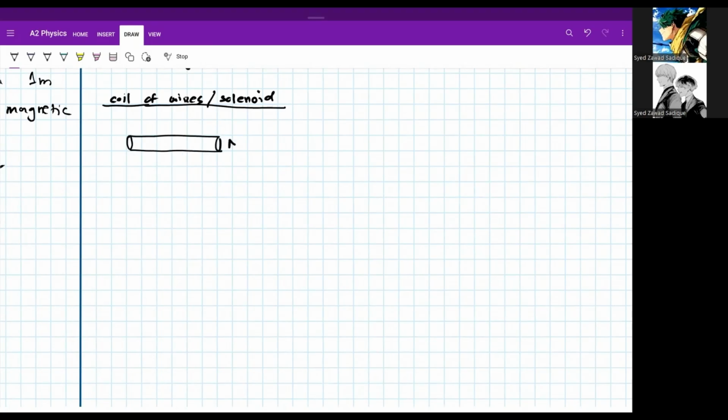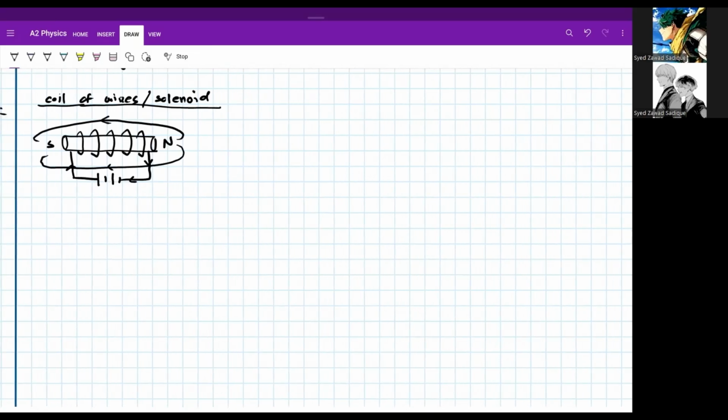So this is the north, this is the south. And there is a circuit, or energy. Current flow is in this direction, this direction, this direction. We know the magnetic field is from north to south. So then your arms will look something like this.